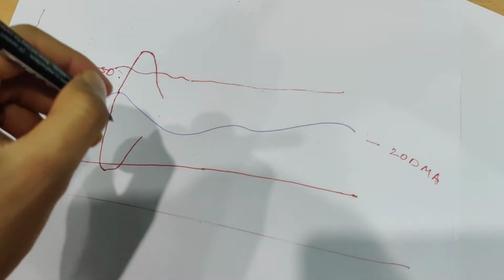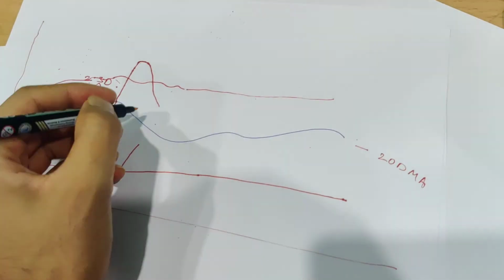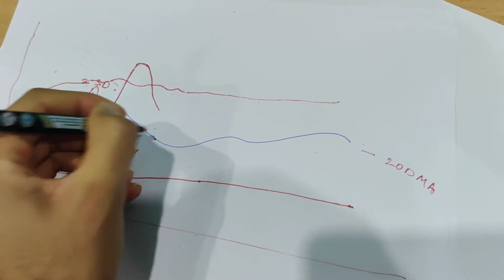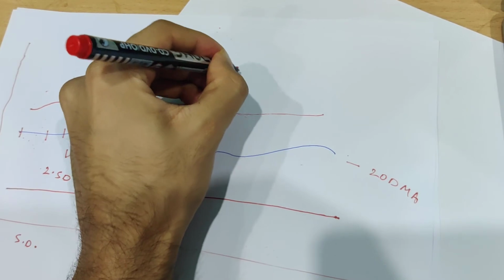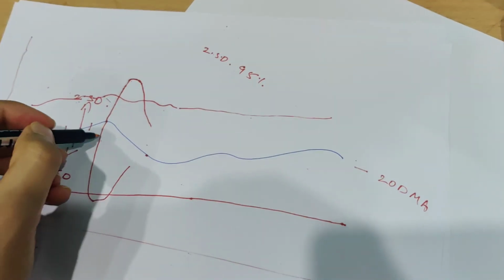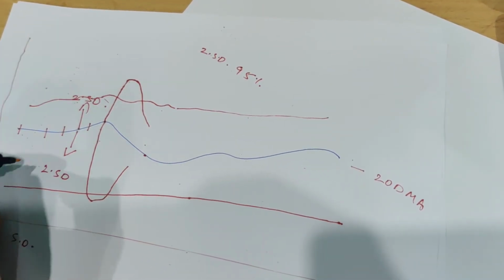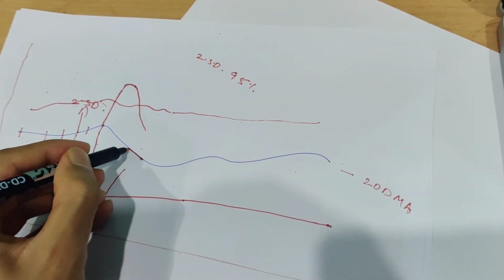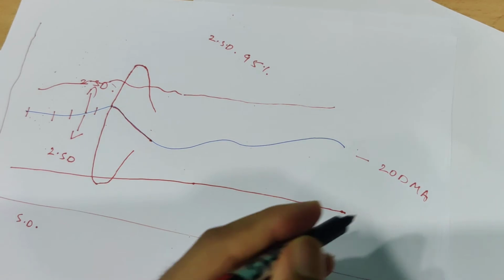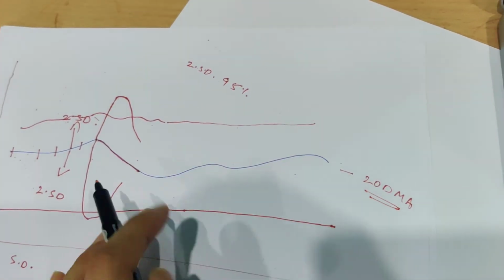So this is the main concept behind Bollinger Bands: since 2 standard deviations always cover 95% of the data, in stocks, 95% of the price of the previous 20 candles will be covered, as the 20-day moving average is being used.